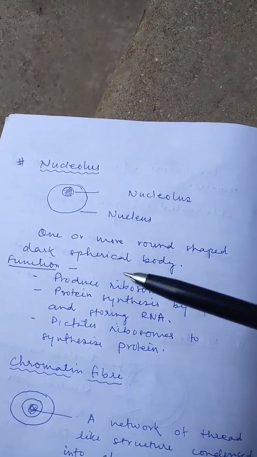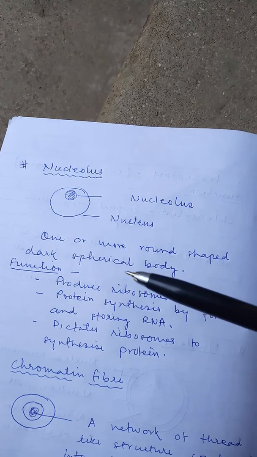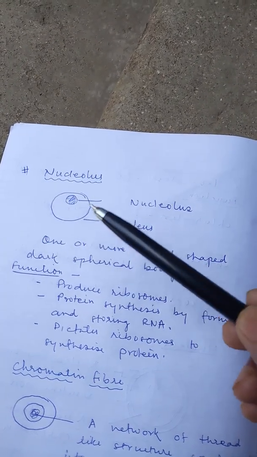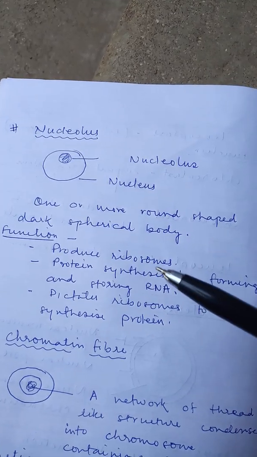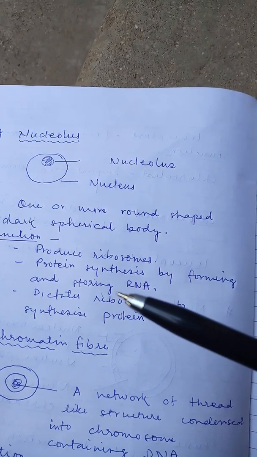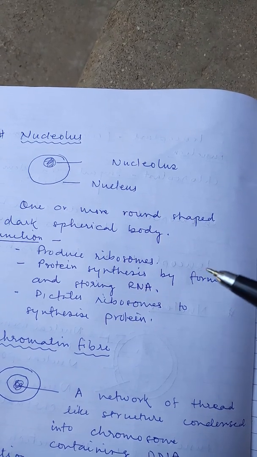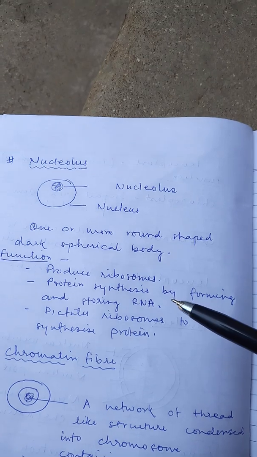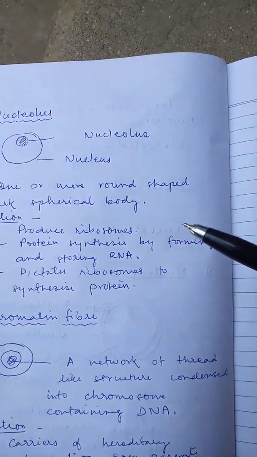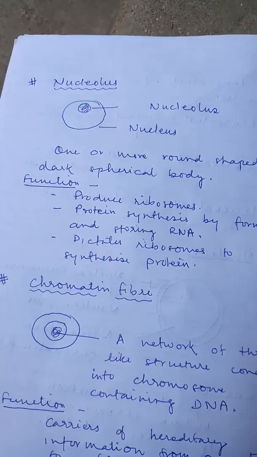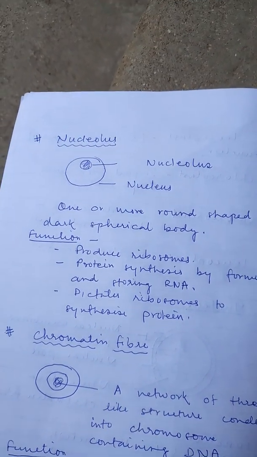Nucleolus is a dark spherical, maybe one or more round structures present inside the nucleus. It produces ribosomes, helps in protein synthesis by forming and storing RNA. It directs the ribosomes to synthesize protein.